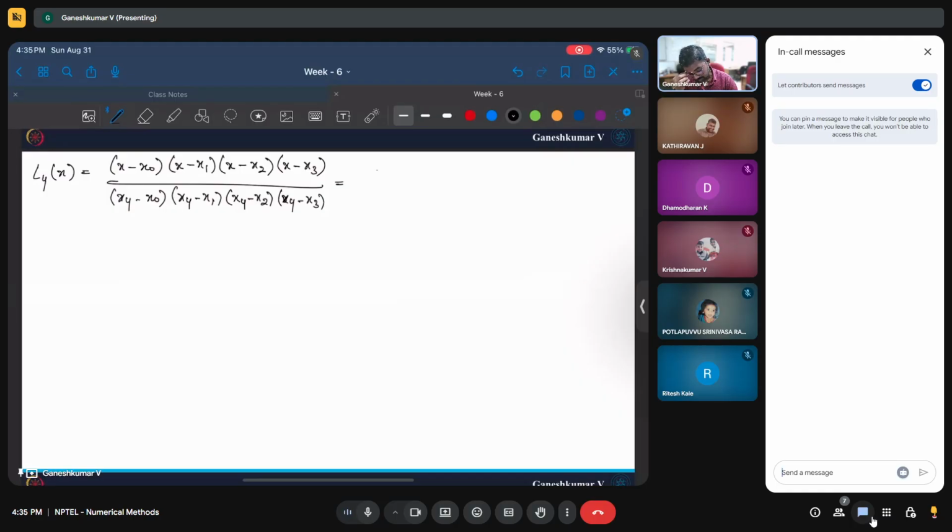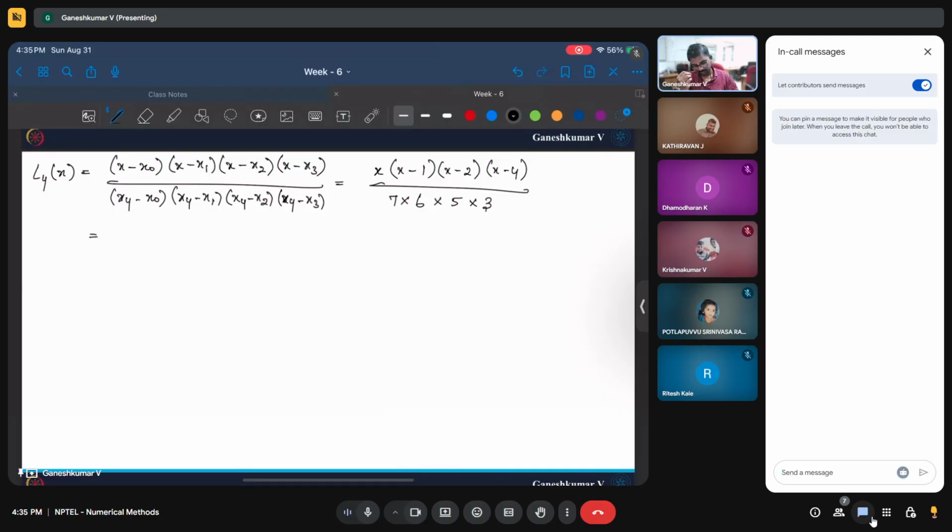This is x, x minus 1, x minus 2, x minus 4. Denominator is going to be 7, 6, 5, 3. 7 minus 4 is 3.